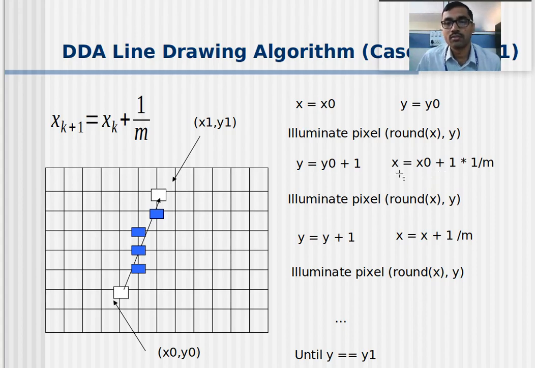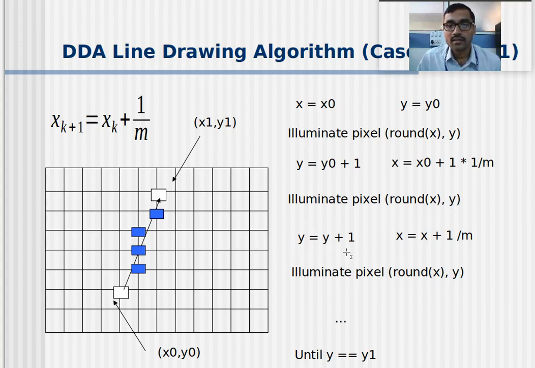So x = x0 + 1 * (1/m). It will give some floating point value. x0 is an integer value, but still it gives a floating point value, and we have to round that floating point value. So illuminate pixel (round x, y), rounding to the nearest integer value.